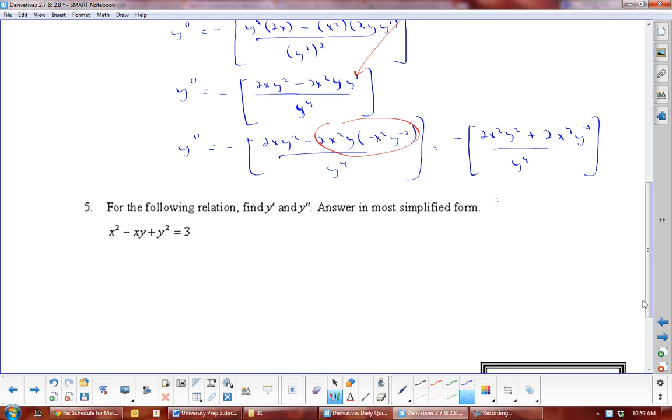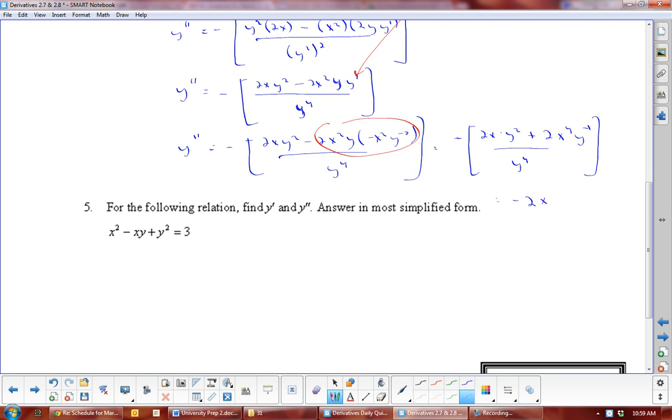Okay, now we can factor out. So now that equals negative. Now we can take out a 2. We can take out an x.